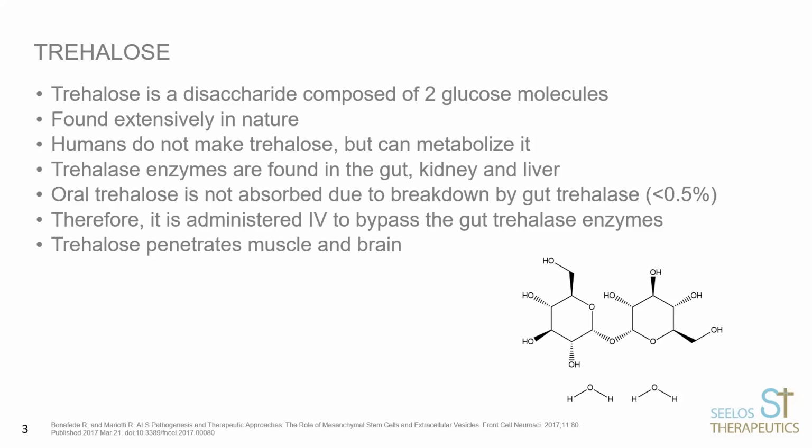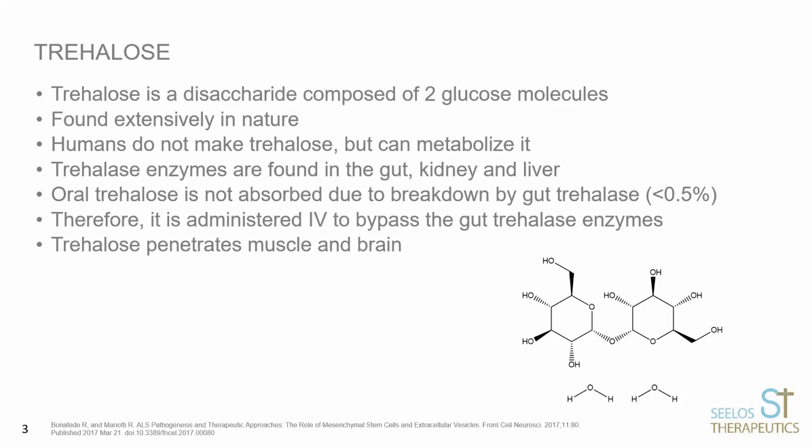We humans, and other mammals as well, have it in the gut, kidney, and liver, and to a small extent in the CNS as well. However, we don't produce any trehalose, so it must be some evolutionary rudiment. And so trehalose, in order to be an effective therapy, must be given through an IV infusion to bypass this trehalase enzyme in the gut.